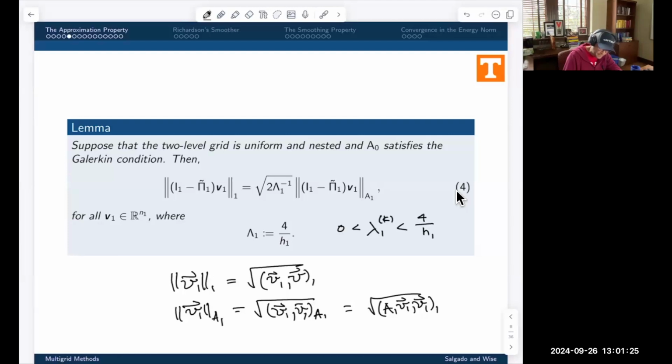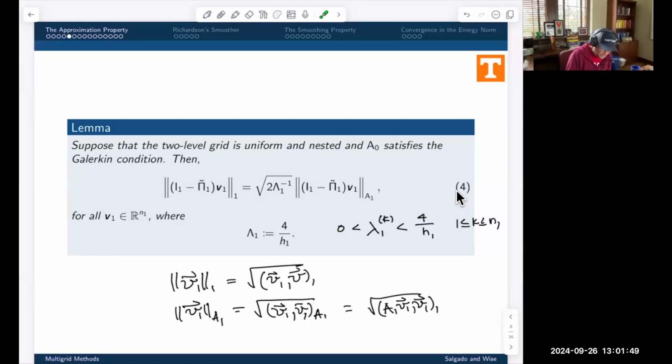Okay, so that's a bound which is not independent of h1, but it's asymptotically sharp, I should say. But it's independent of k. So this holds true for all k between 1 and n1. All right, so that's where all of these components are coming from.